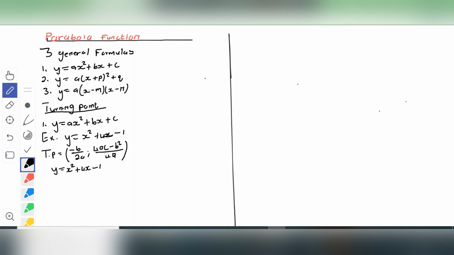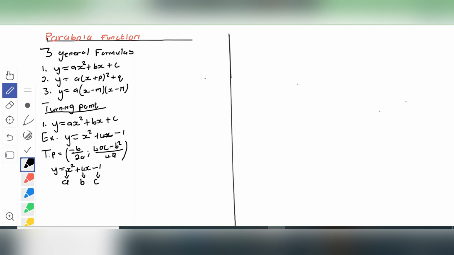So always know that the coefficient of x squared is represented by a, and the coefficient of x is represented by b. And lastly, the constant number, which here is -1, not 1, guys. Whenever they say write down the constant number, you take it with its sign, which is -1. It is represented by what?